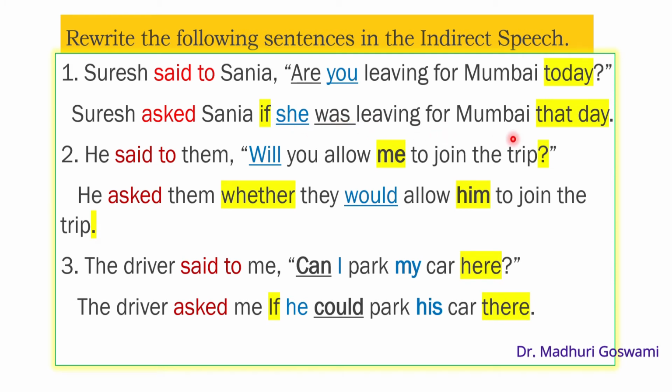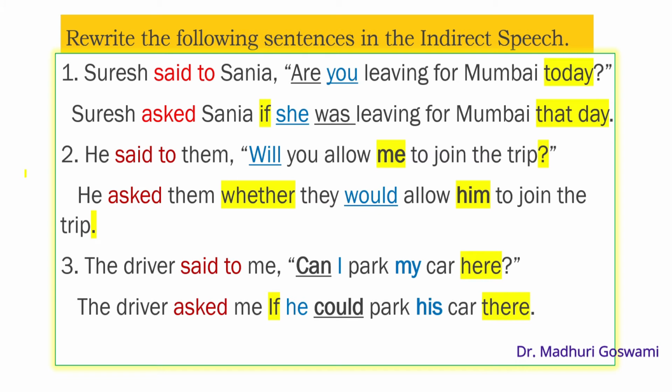Today is changed into that day because this is the expression, this is the word that shows the nearness in time. So we change it into that day क्योंकि जब यह बात कही गई थी और जब इसे रिपोर्ट किया जा रहा है उसके मध्य समय बीत चुका है. So today becomes that day.